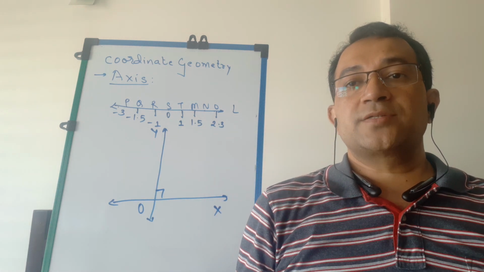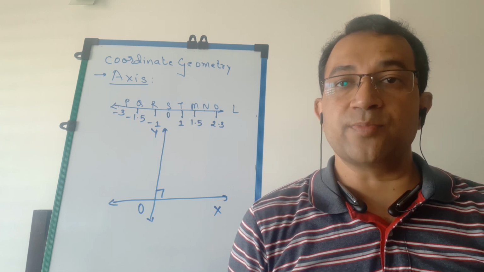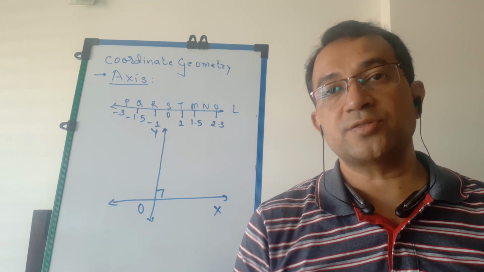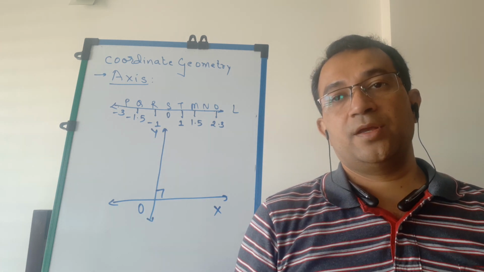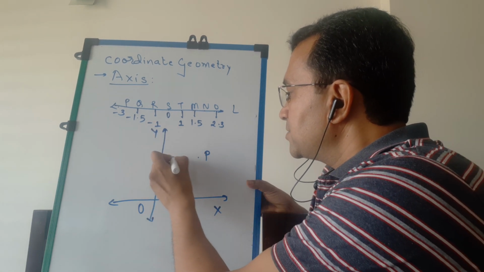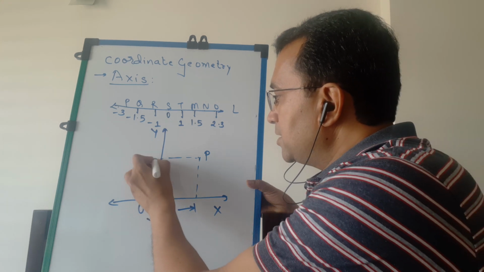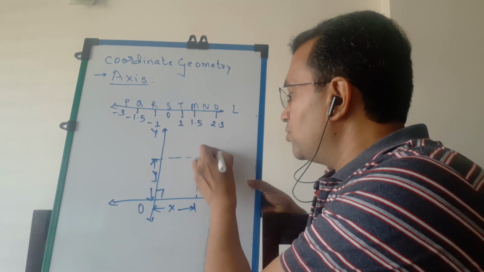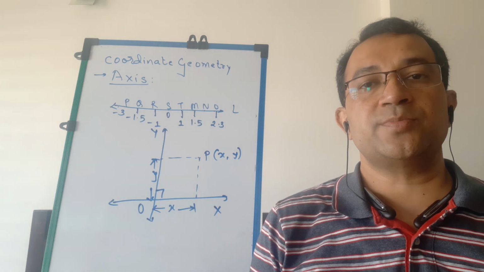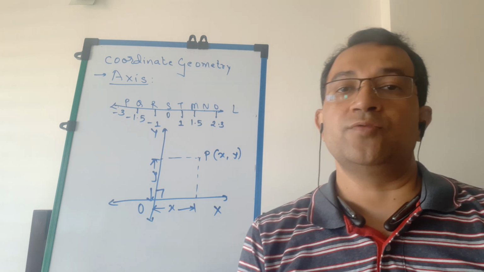Now x-axis and y-axis, students, intersect at right angle, and their point of intersection is taken as reference point, and that is nothing but origin. So we call it 0 and 0. Coordinates of origin are 0 and 0. Now roughly if I take any point in the plane of x-axis and y-axis, this horizontal distance is the x coordinate and this vertical distance is the y coordinate. So the coordinates of point P are, students, x and y with respect to x-axis and y-axis. This, students, we have to remember.